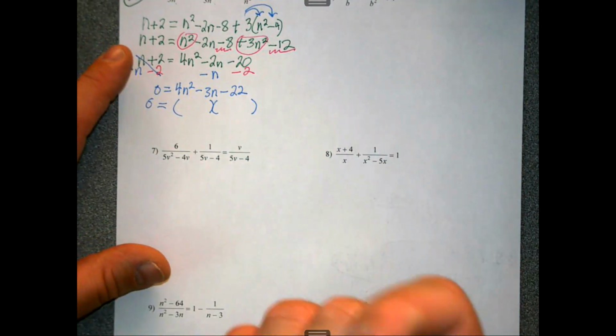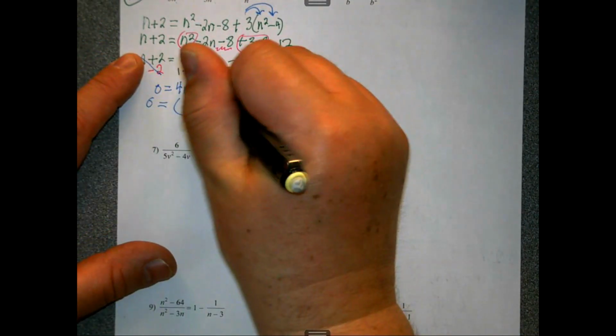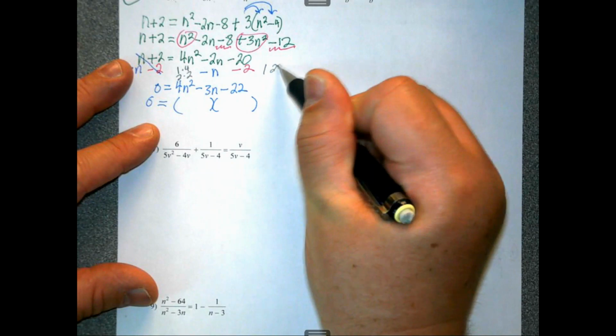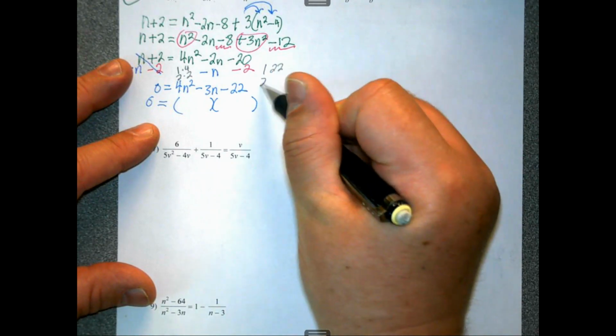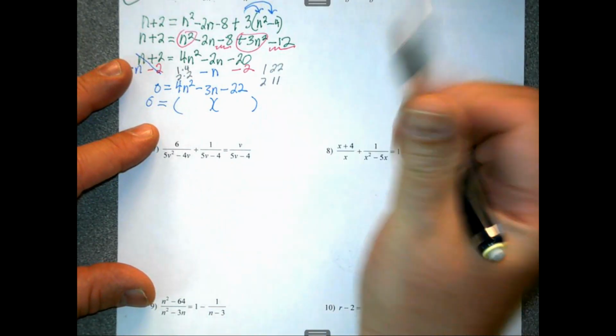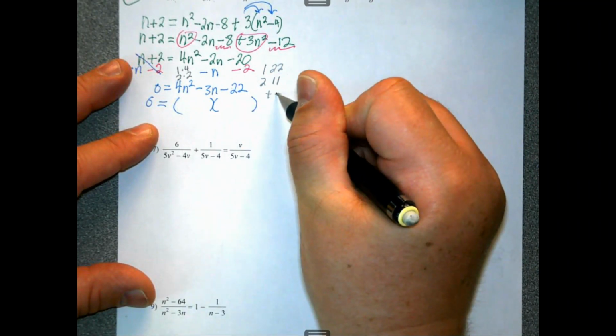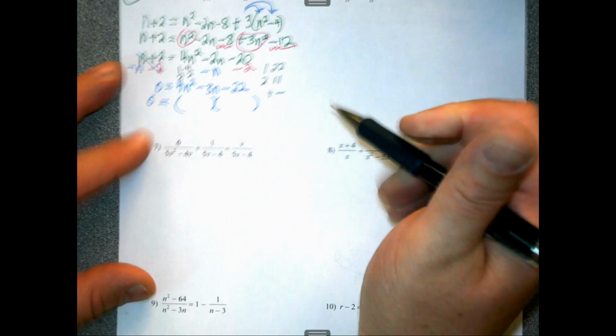So the factors of 4: 1 times 4, 2 times 2. The factors of 22: 1 times 22, 2 and 11. It's a minus 22, so we're going to actually be subtracting since one's positive, one's negative.